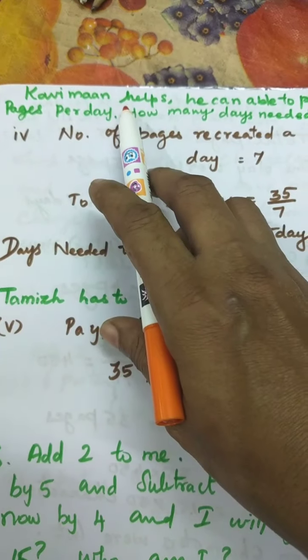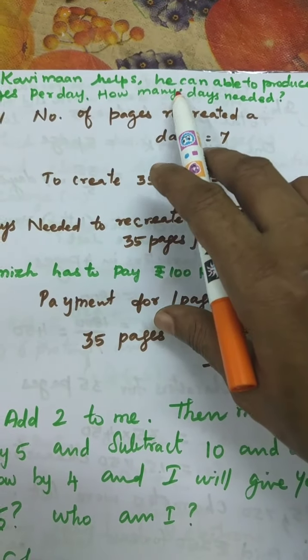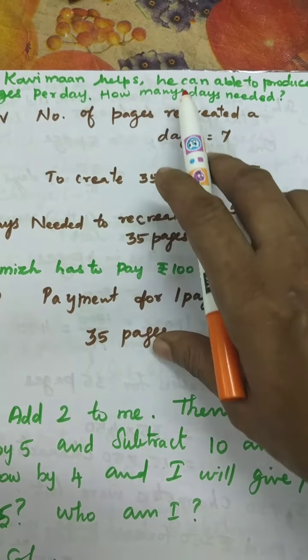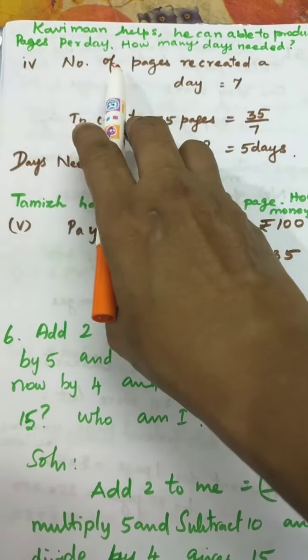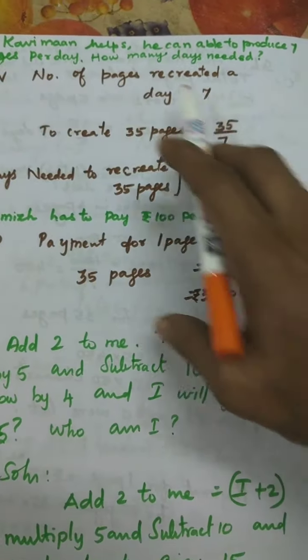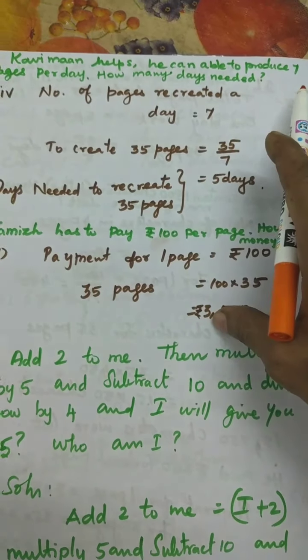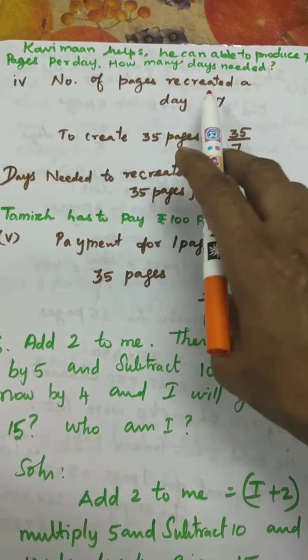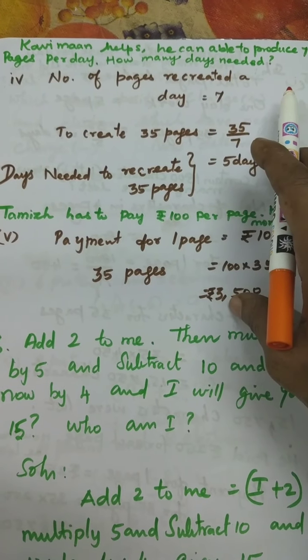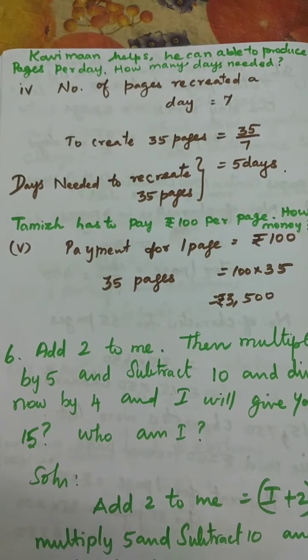Then Kaviman helps Tamil. Okay. Kaviman said that I can produce 7 pages per day. Then how many days needed to finish those 35 pages?